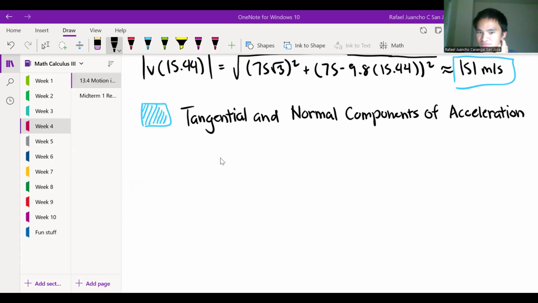Basically, just to keep it short, we're going to study the motion of a particle. So one's going to be the direction of the tangent, and the other is going to be the direction of the normal. So just something to keep in mind. These are used for analyzing motion in a nutshell.